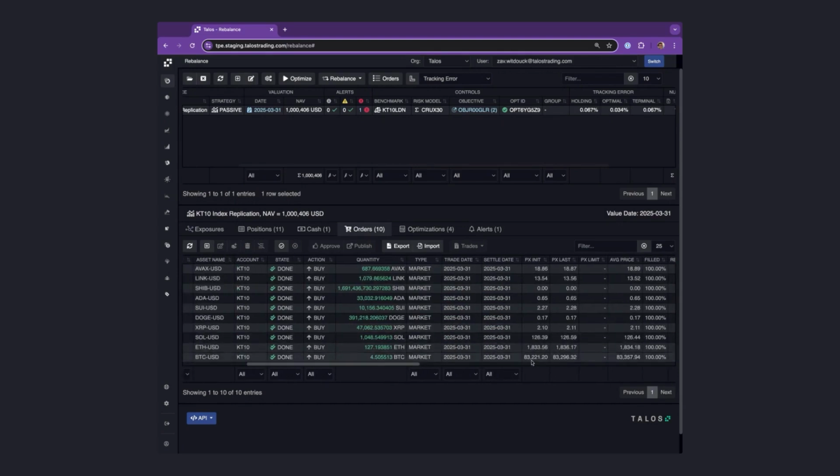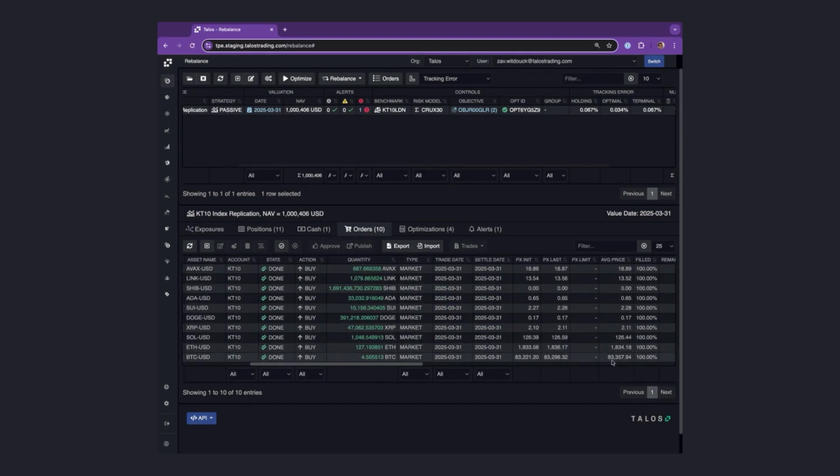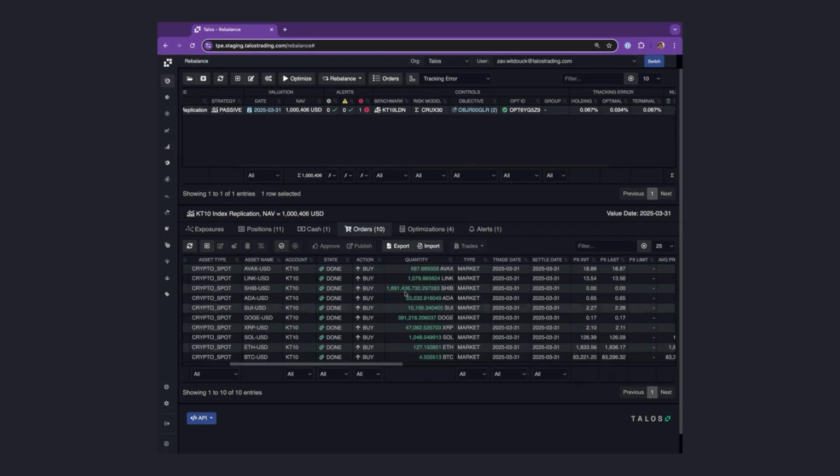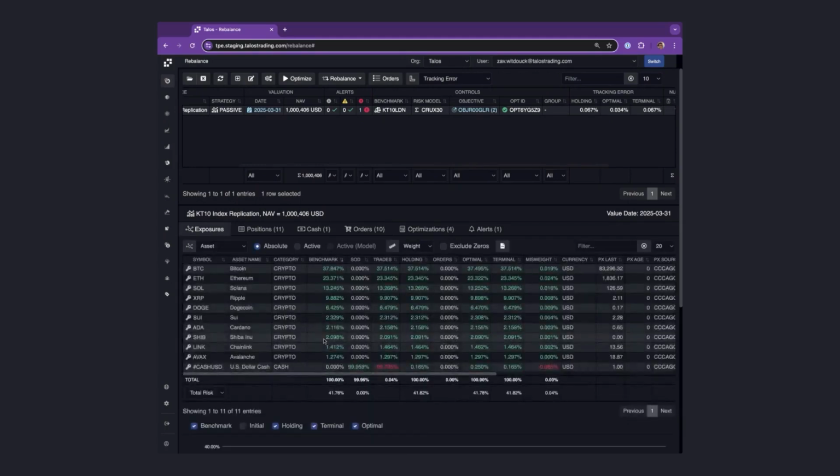Bitcoin, we sized at 83,221. We filled at 83,357. And so now if I go back to my exposures here, we can now see my trades have been executed. Obviously, because of that slippage, we spent slightly more than we expected. So we actually only have 16 basis points of cash remaining. But that's perfectly fine.